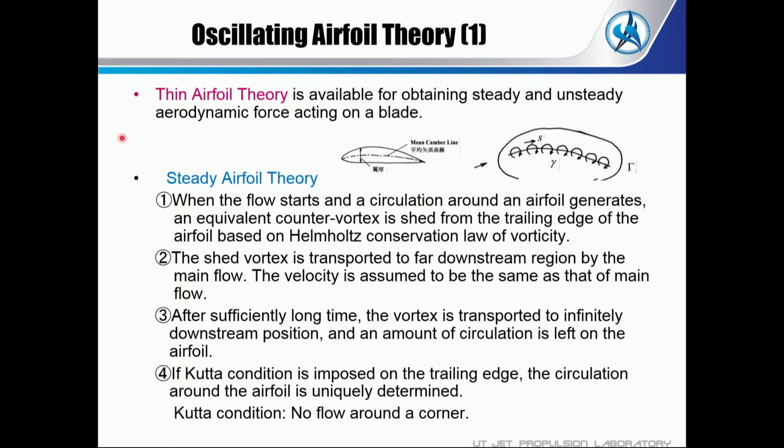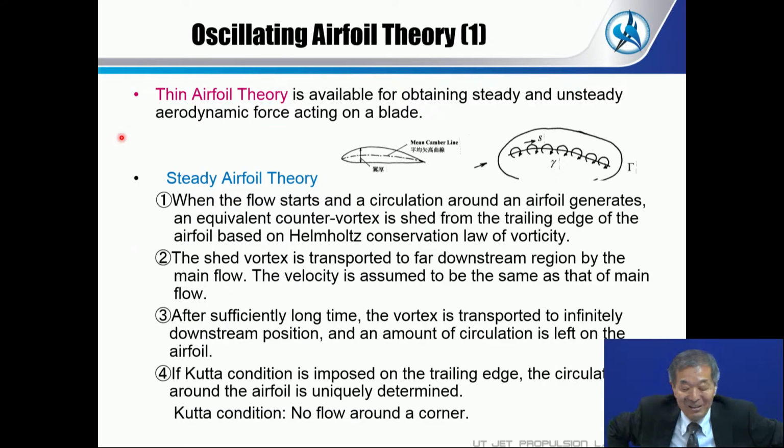So from this page, it's a little bit complicated, so please be relaxed. And we can use the so-called thin airfoil theory. It is available for obtaining steady and unsteady aerodynamic force acting on a blade. This is a model of the airfoil, and there is a mean camber line here, and blade thickness here.